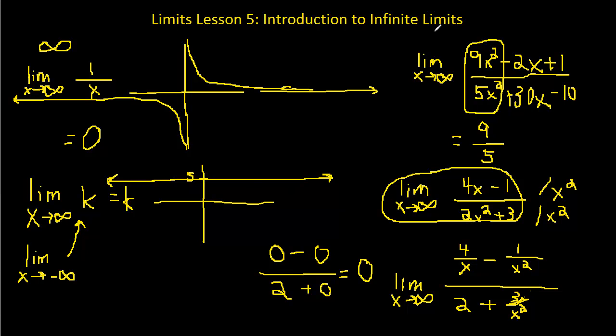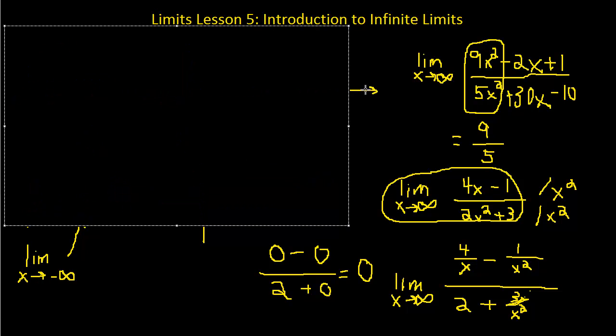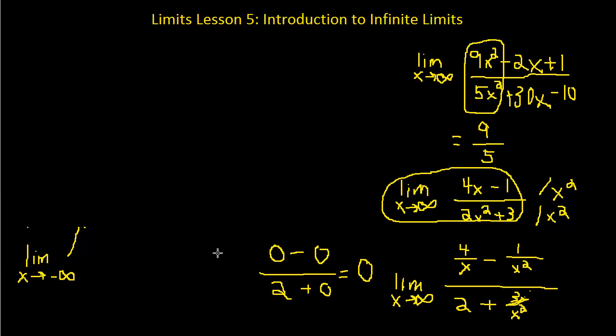Alright, now I'm going to go back and make some space. I'll erase some of this stuff that we already did. Okay. Now let's go back. And our last one is going to be if we have a larger factor on the top. Okay, so I'll go ahead and make an example.